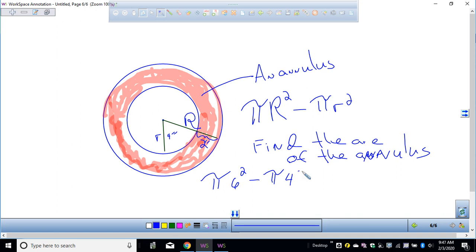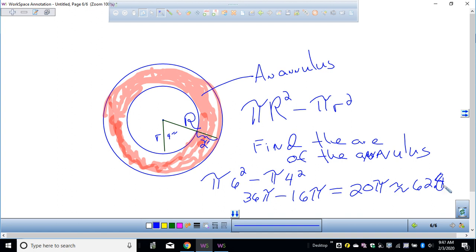Very good, right? Pi big R squared minus pi little r squared. So this is 36 pi minus 16 pi. How many pi's do I have altogether? 20 pi's, right? Which is about 3.14, 62.8, somewhere around there.